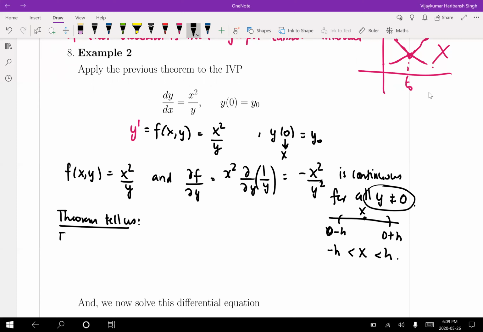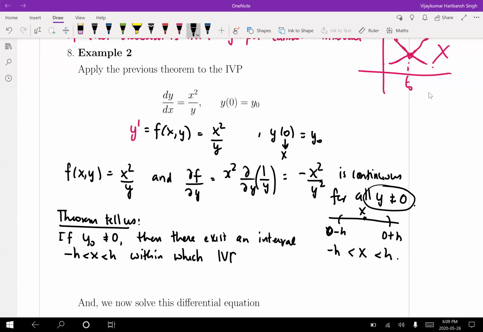So it says if your y naught is not 0, then there exists an interval minus h to h within which your IVP, the given IVP here, has a unique solution.